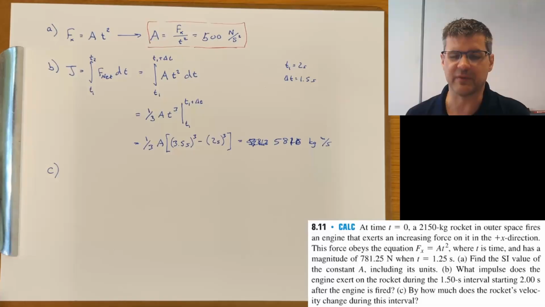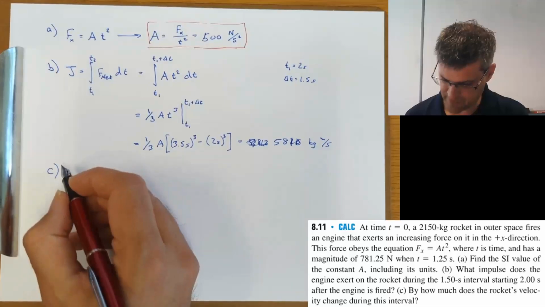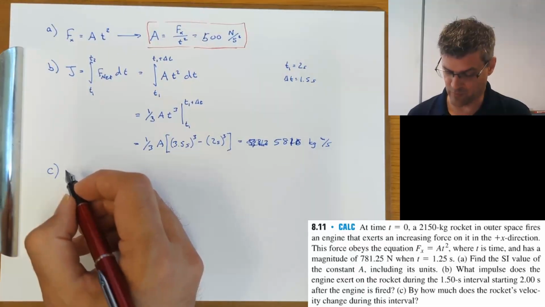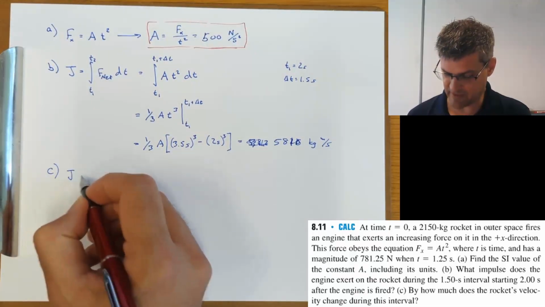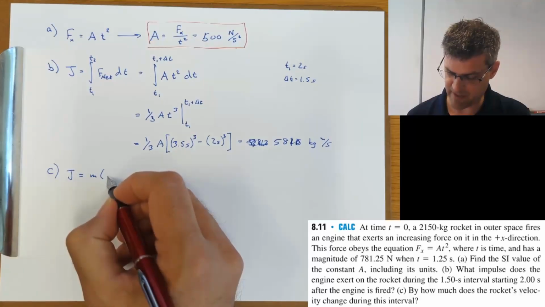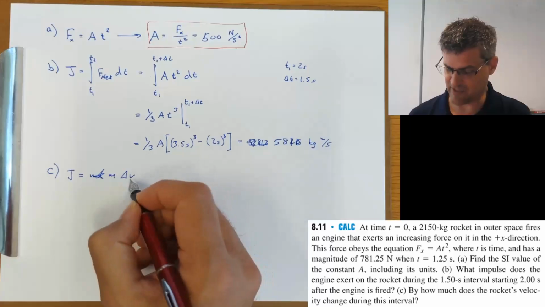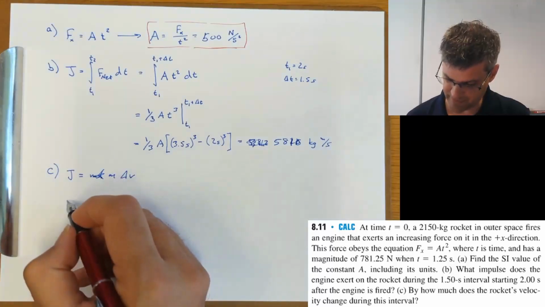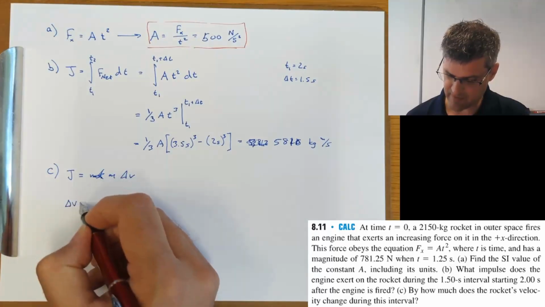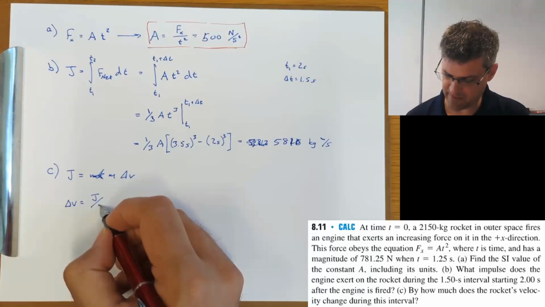Going back to the problem, how much does the rocket's velocity change during this interval? So we're looking for change in velocity. This impulse is mass times the change in velocity. That's the thing that we're looking for. J we've already found.